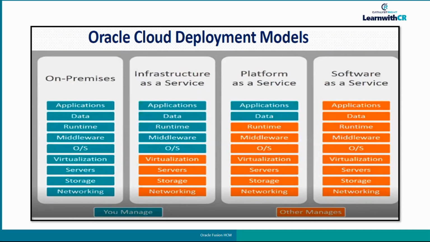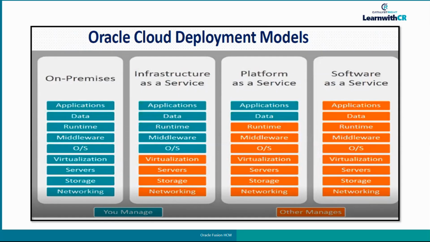Even the runtime, middleware, server, storage, and networking will be managed by others. Let's understand it this way. We have data. We are creating configuration in the system. Even in the EBS side or SAP Workday, we are creating our data in the system, maintaining some configuration, or we have data of the employees.